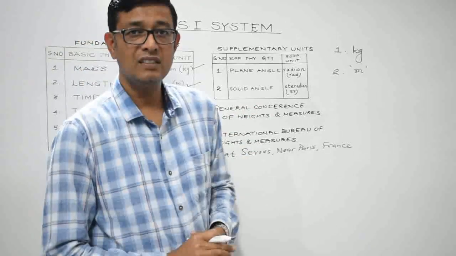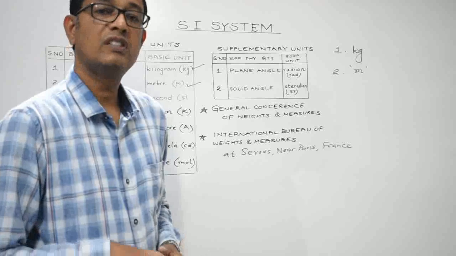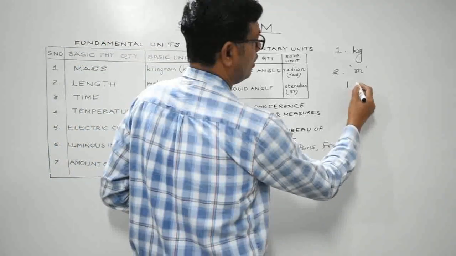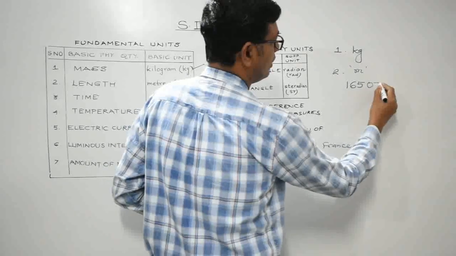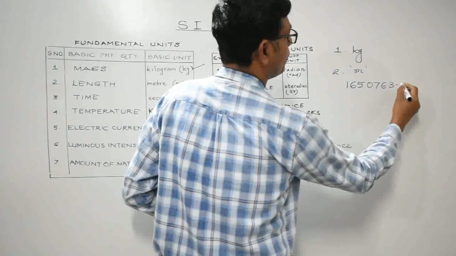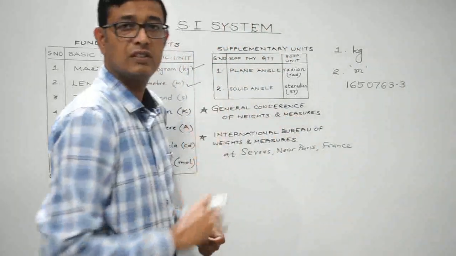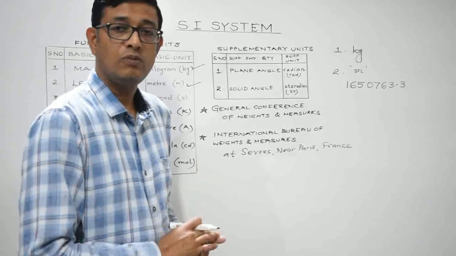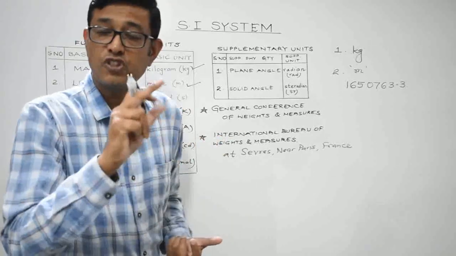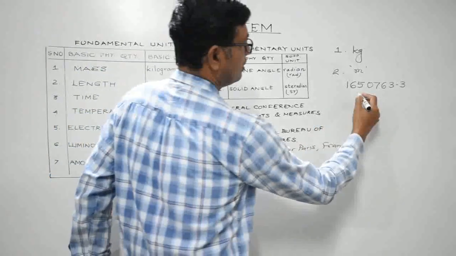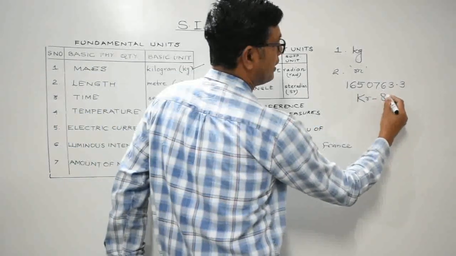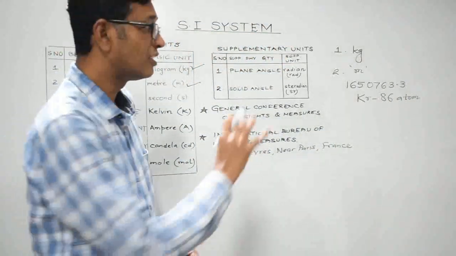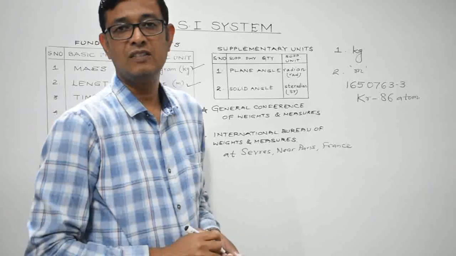As per atomic standards, meter was defined as the distance occupied by 1650763.3 wavelengths emitted in air or vacuum of orange-red radiations by krypton 86 atom. 86 is the atomic mass. So this is on atomic standards.